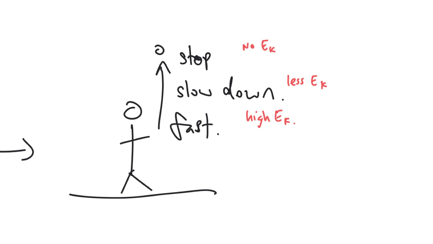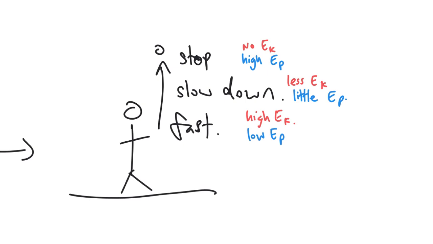So, at the top, it has a high amount of EP, or gravitational potential energy. Right? As it's going up, it has a little EP, and then it has a low EP at the bottom, right?